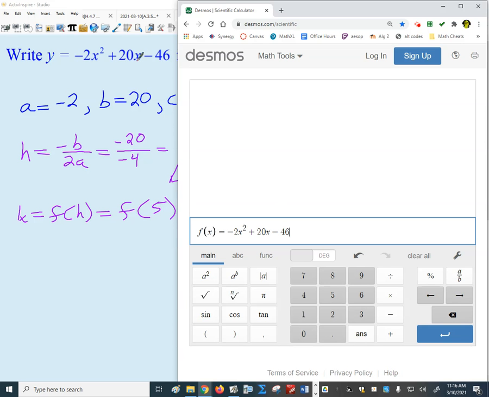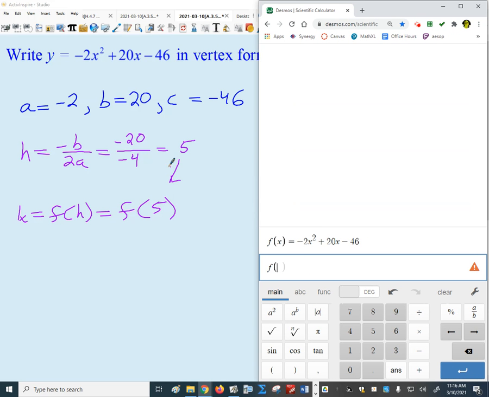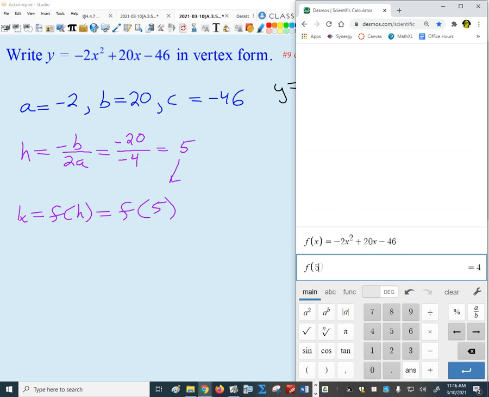There's the function that I'm using to calculate k. Go down to the next line, and I'm just going to input f of 5, because I figured out that my value of h is 5, so that's what I'm plugging in. So f of 5 equals 4, and that's my answer.